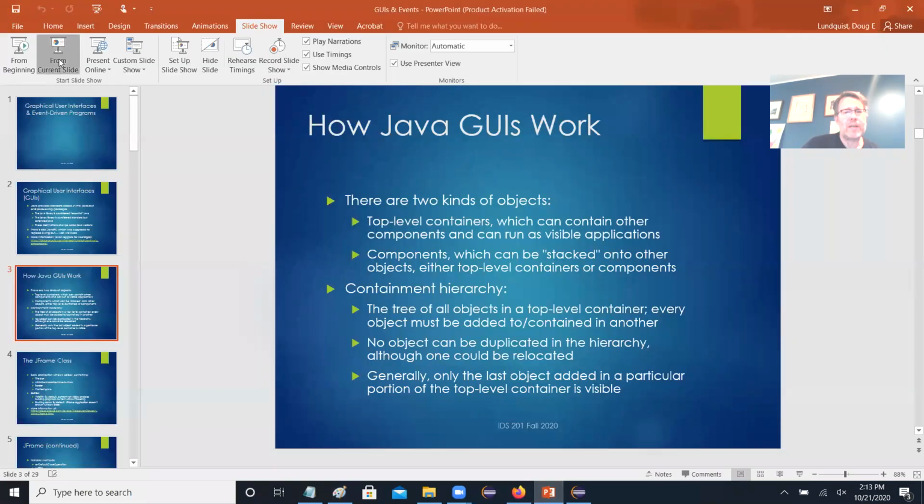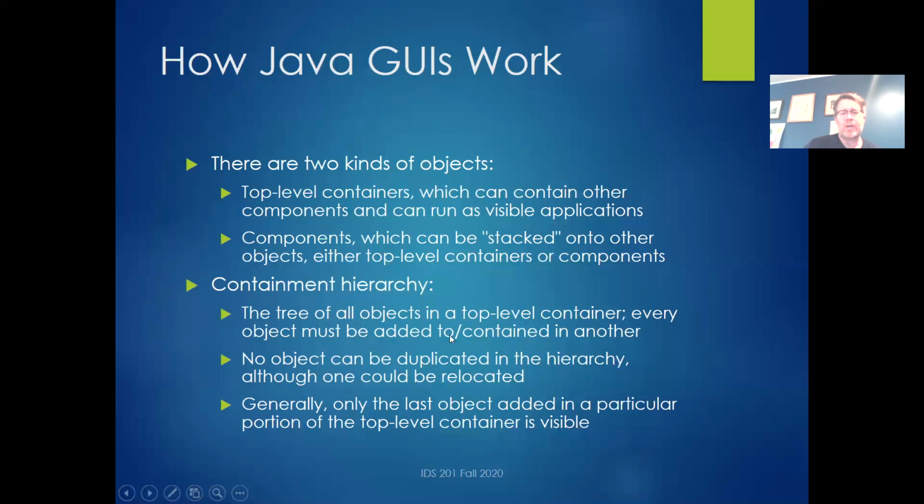Now, one key point, number one, no object can be duplicated in the hierarchy. Even if it looks exactly the same as another object, you can't have 2 duplicate references in your containment hierarchy. That'll throw everything off and your window won't display right. Another thing, in most cases, only the last object contained in a particular portion of the container is visible.